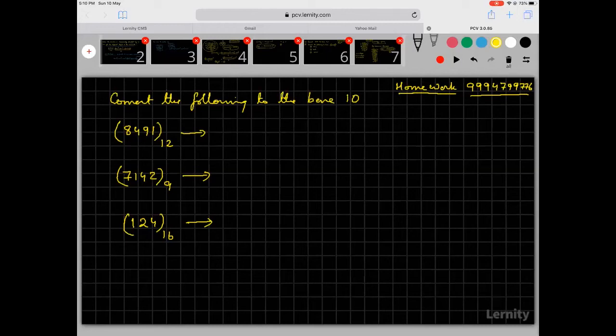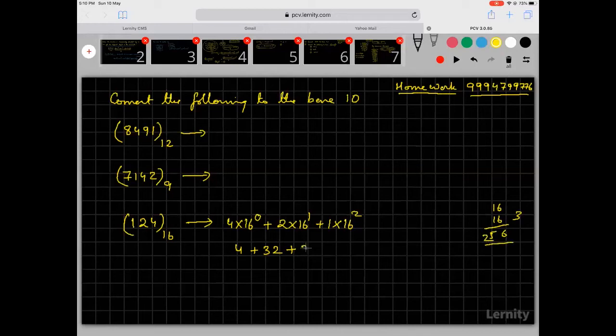If you want some help in this one, I'll tell you this is 4 into 16 power 0 plus 2 into 16 power 1 plus 1 into 16 squared. So 4 into 16 power 0 is 4, plus 2 into 16 is like 32, plus 16 squared. 16 into 16 is 256, right?